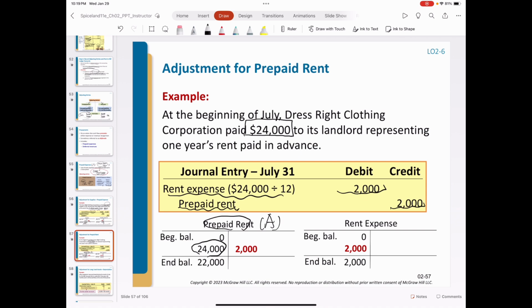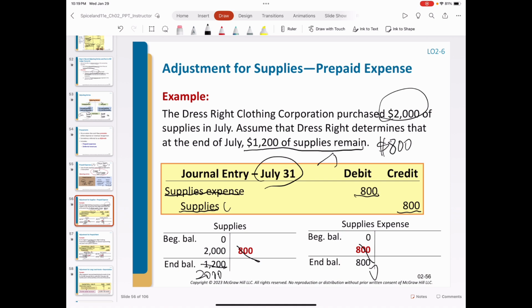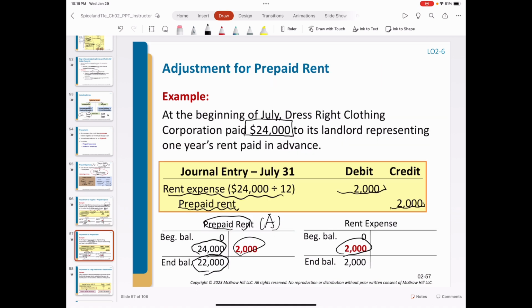After this journal entry, the balance of prepaid rent is reduced to $22,000 because we credit $2,000 while we recognize $2,000 rent expense. Similar to the prior slide, which is reasonable, right? This represents the remaining 11-month lease.